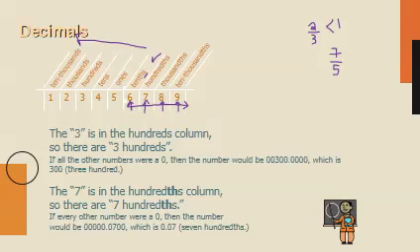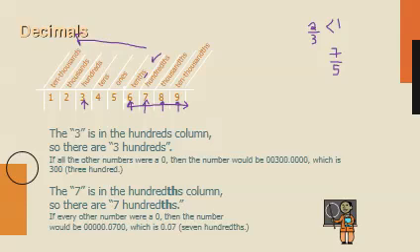You can see that the 3 in the hundredths column indicates that we have 300 hundredths, right? If all the other numbers were 0, then the number would be 300.000, it's 300.